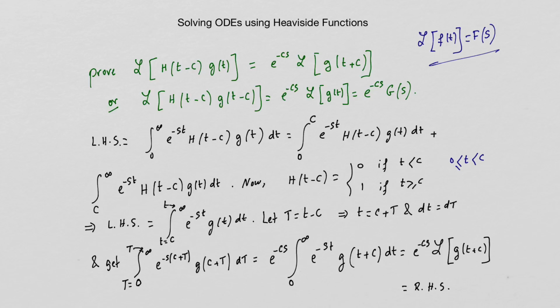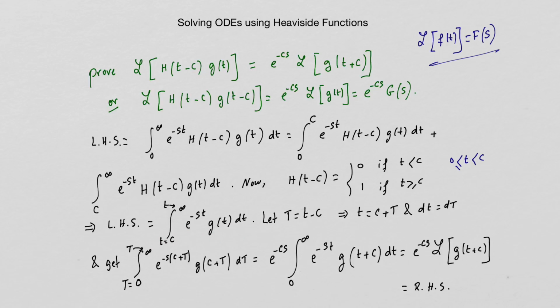And then we add the same integrand from c to infinity. Now, t varies from c to infinity, which means t is more than c, so h of t minus c has to be 1. So what's left of the entire left-hand side is just the integral from c to infinity of e to negative st g of t dt. That's what I wrote here.